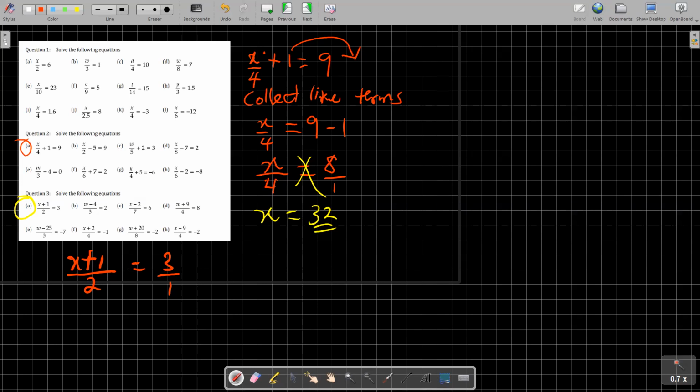So you can cross multiply directly. And when you do that, you have x plus 1 is equal to what? 6. Now, you collect the like terms by moving plus 1 to the other side. x is equal to 6 minus 1, and then you can say this is equal to 5. As simple as that. Be very careful when you have negative signs.